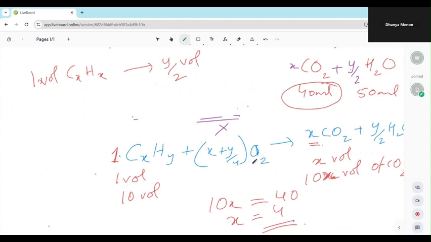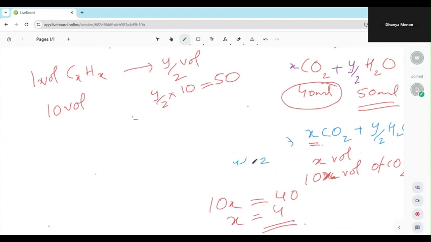So 10 volume will give you how much? Y by 2 times 10. And this y by 2 times 10 is equivalent to how much? How much they have given you initially? 50 ml. So y equal to 50 times 2 by 10. So y equal to 10.